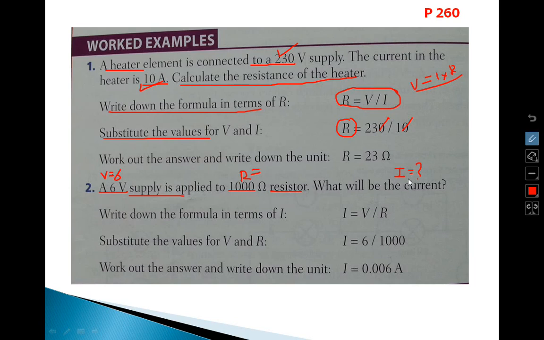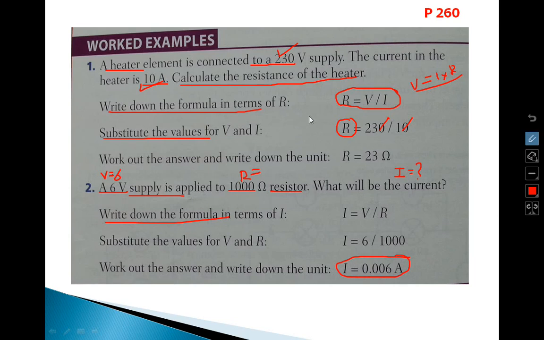We need to find I. First write the formula. Swapping them, I is equal to V over R. So V is 6 and R is 1000, which gives 0.006 ampere.